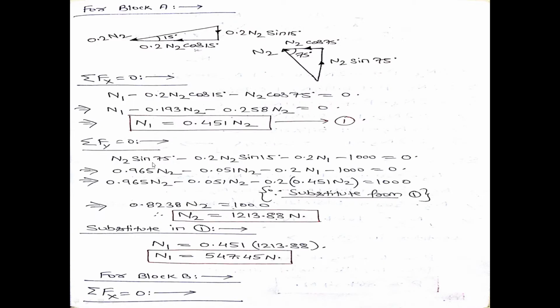So N2 sin 75 minus 0.2 N2 sin 15 minus 0.2 N1 minus 1000 is equal to 0. If you solve this expression, sin 75 is 0.965 times N2, minus 0.2 into sin 15 is 0.051 times N2, minus 0.2 N1, minus 1000 equal to 0.